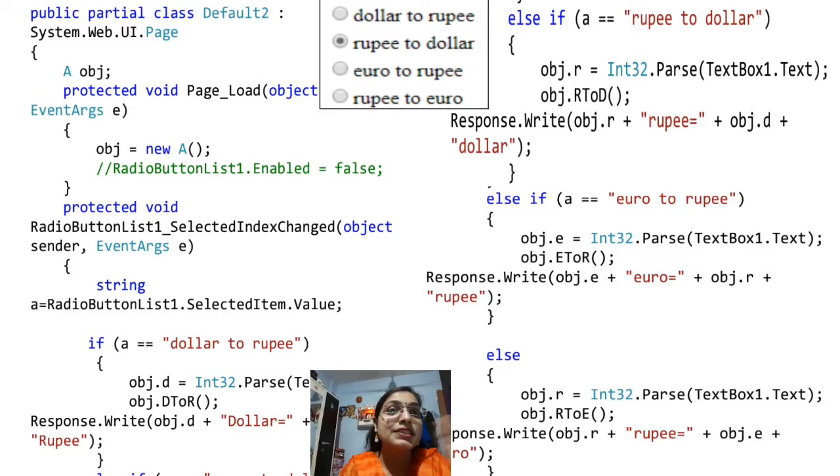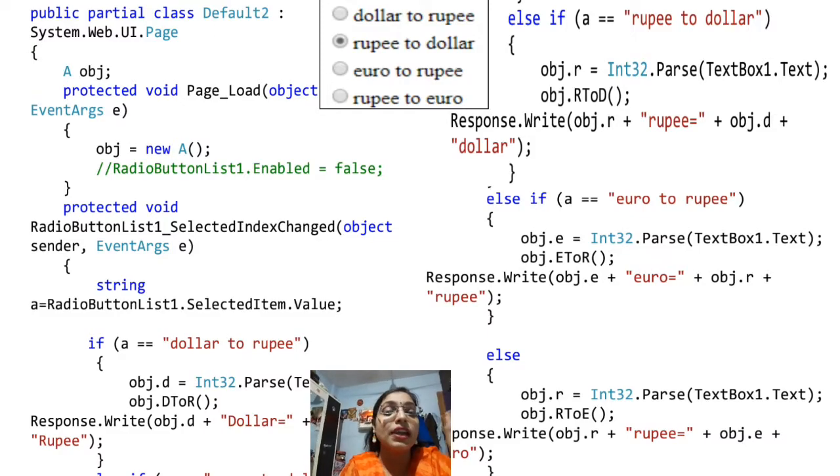Dollar to rupee, these are what? The list items of the radio button list. There is also a single option, that is .Item. But what we want is only the selected option, the text of the particular selected item only, and this is the reason why we have written this statement, which is very important.